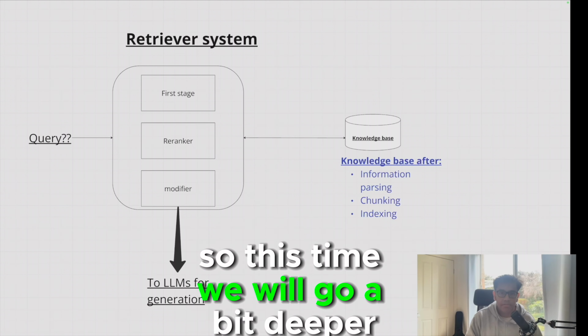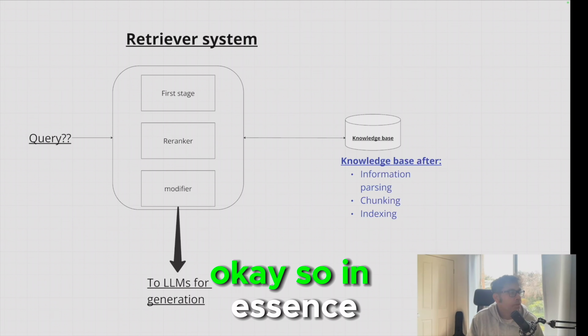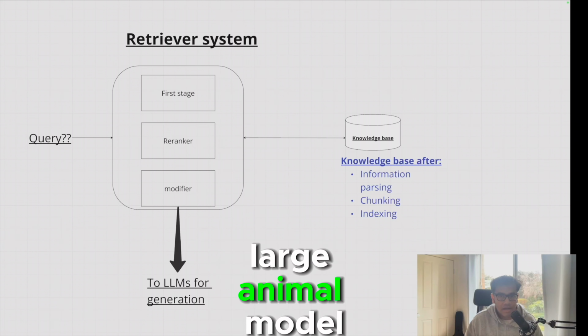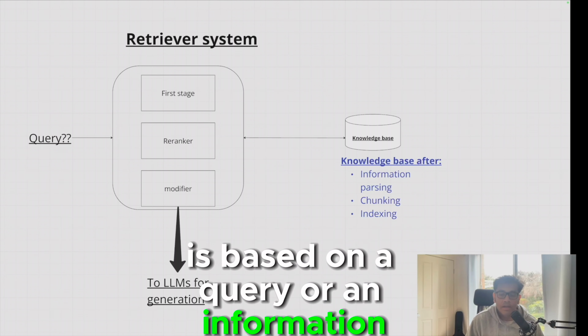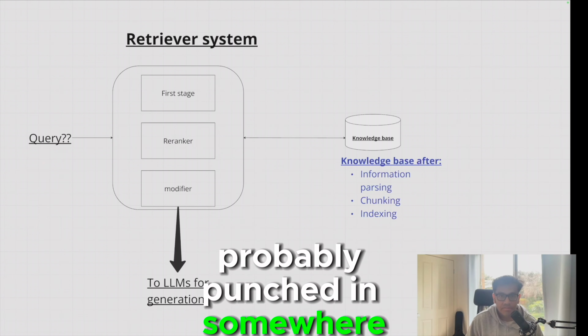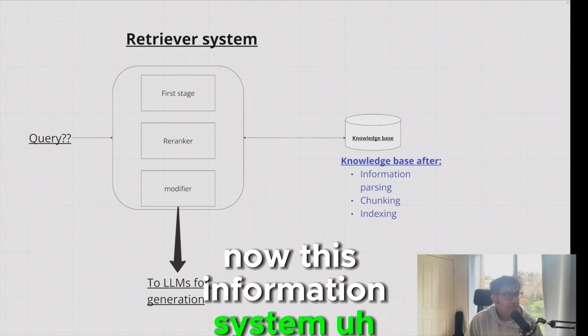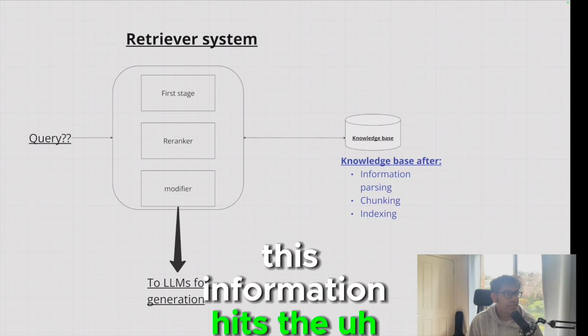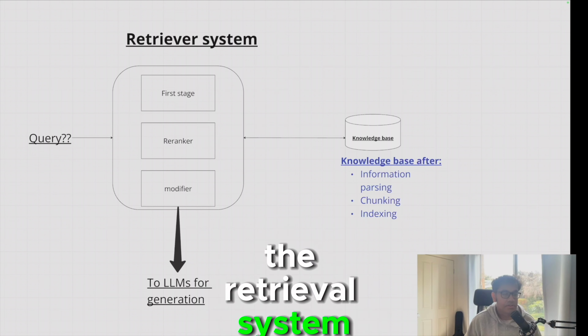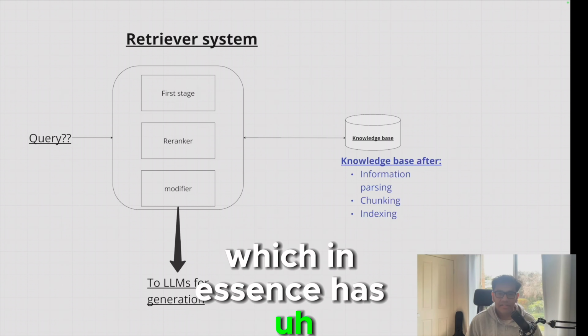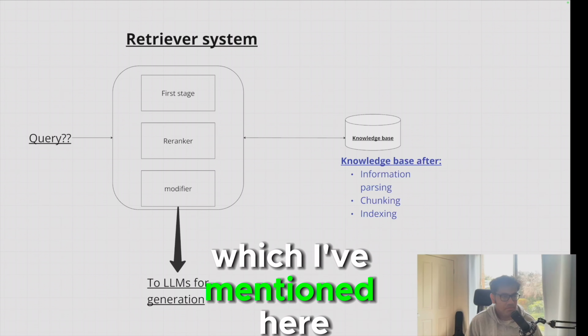So this time we will go a bit deeper. In essence, without even thinking of a large language model, a retriever system is based on a query or information that is being punched in somewhere. This information hits the backend of the retriever system, which in essence has three main blocks.